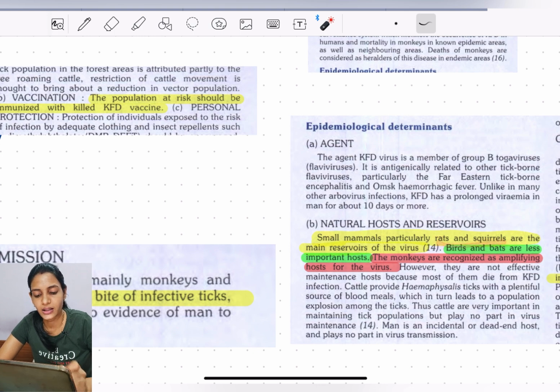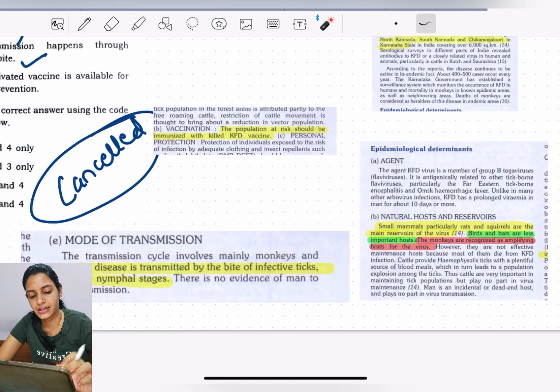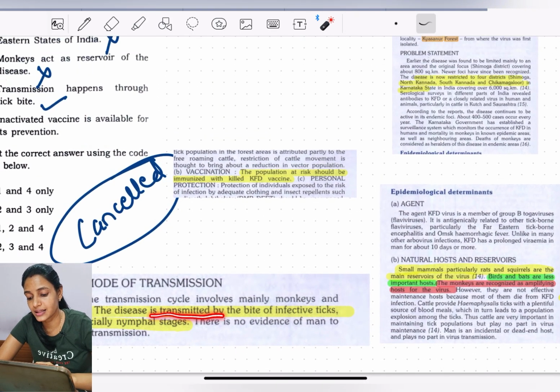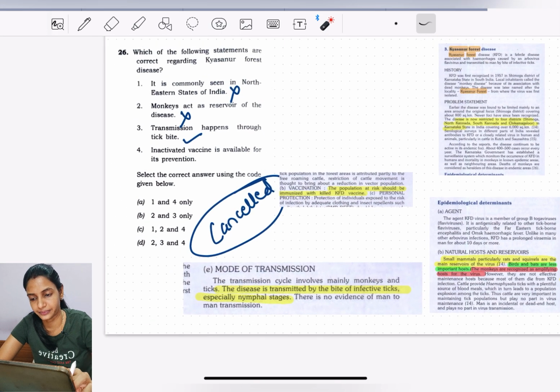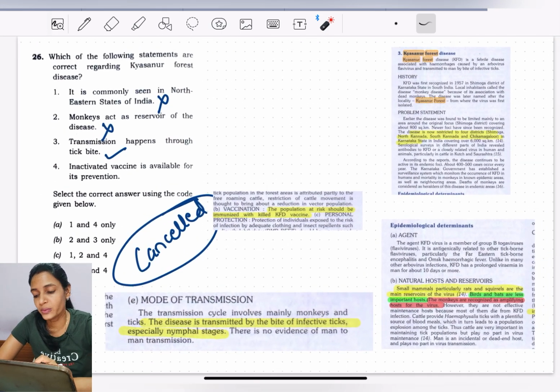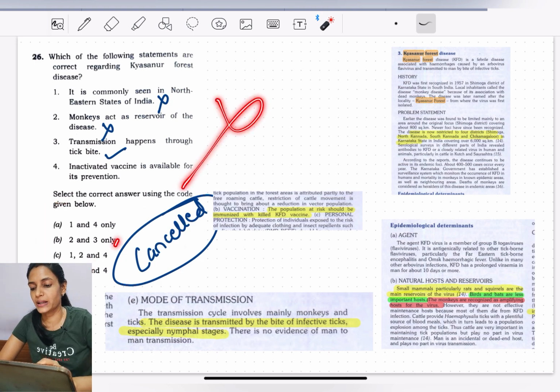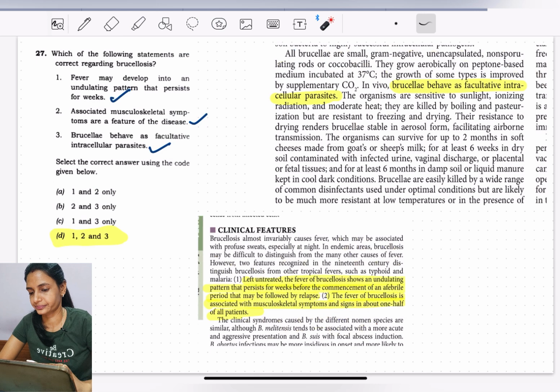So rat and squirrel are the reservoir, monkey is the amplifying host, and the disease is transmitted by the bite of infective ticks, especially nymphal stages, and the population at risk should be immunized with killed KFD vaccine. So according to me, this question should get cancelled because none of the options given here are correct. So this question is going to be cancelled for this UPSC.